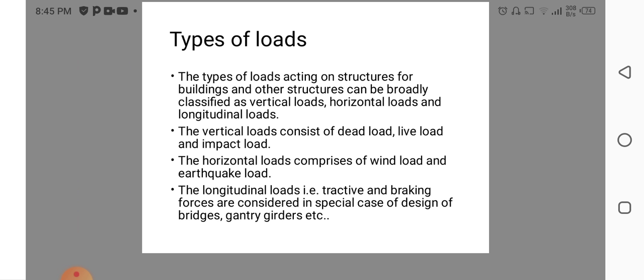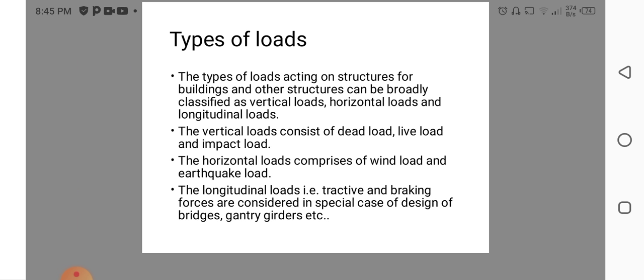The types of load acting on the structure for buildings and other structures can be broadly classified into three categories: vertical load, horizontal load, and longitudinal loads. Vertical load consists of dead load, live load, and impact load.